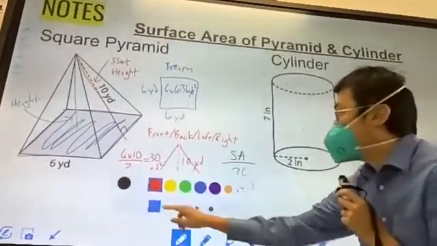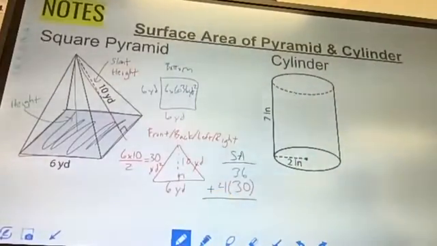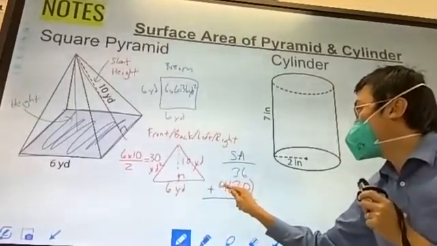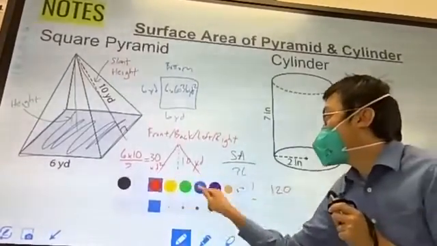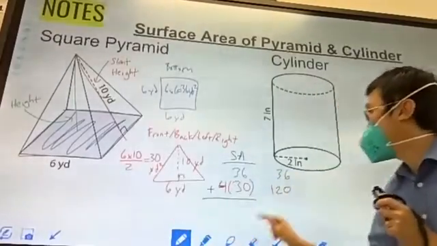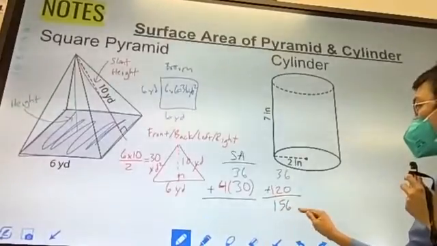And then we just add this up. So we have 4 times 30, that's going to give us 120. Then we add 36. And we get a final surface area of 156 yards squared.